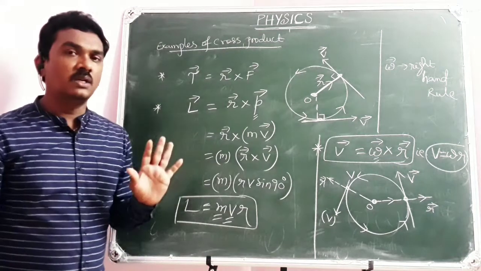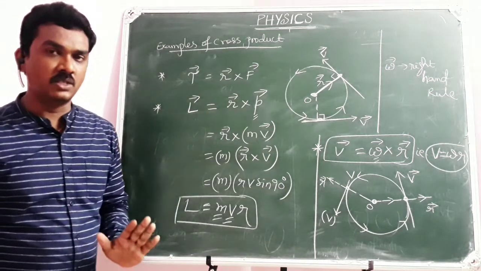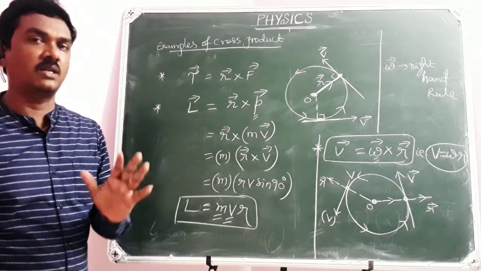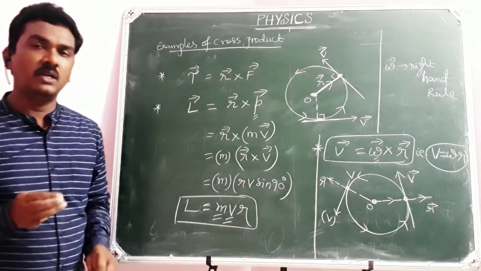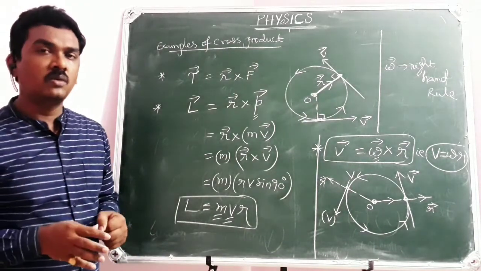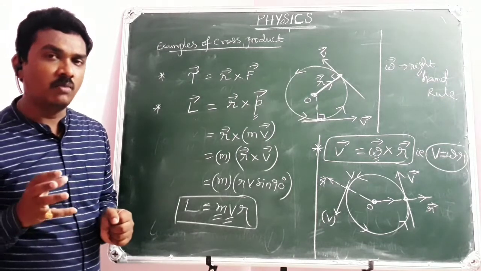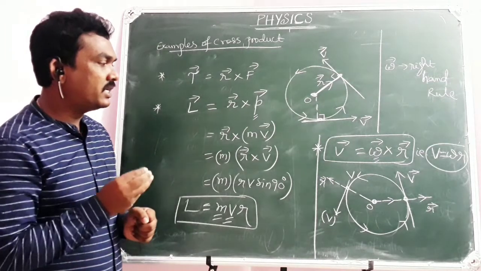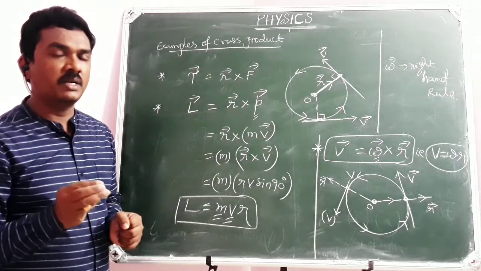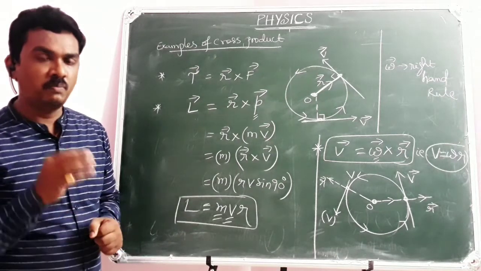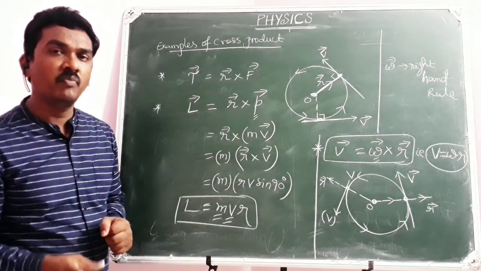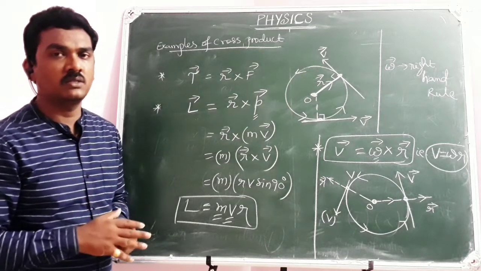This is all about a few more examples in physics based on the cross product or vector product. You may need a little more time to go through all these things and get more perfection, because it's a little more mathematical analysis concept. So please try to spend some extra time compared to the earlier lessons.